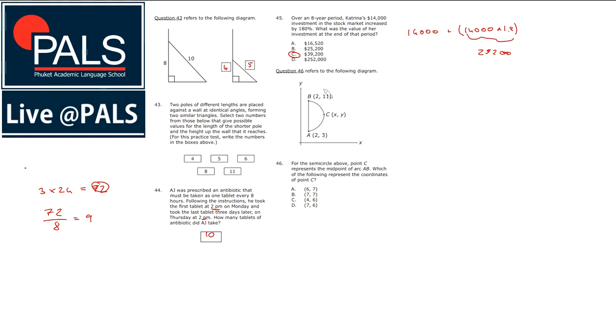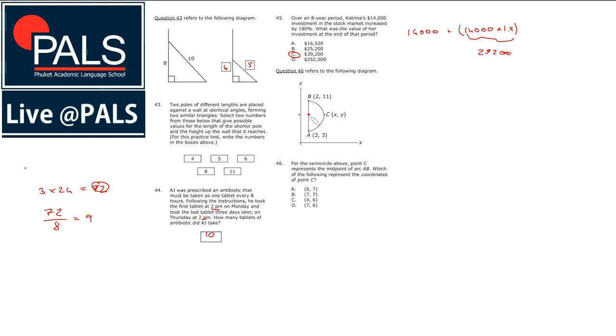39,200. Refers to the following diagram. For the semicircle above, point C represents the middle point of the arc AB. Which of the following represents the coordinates of point C? So these are y values.